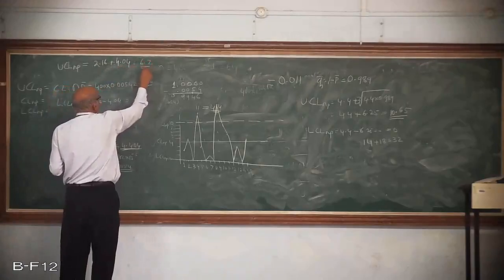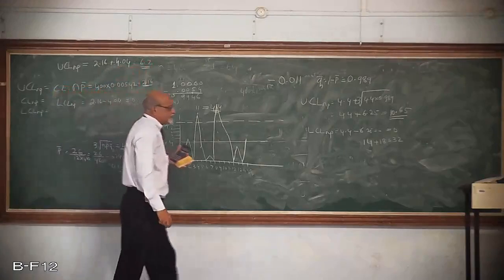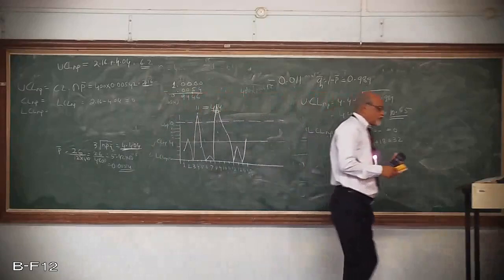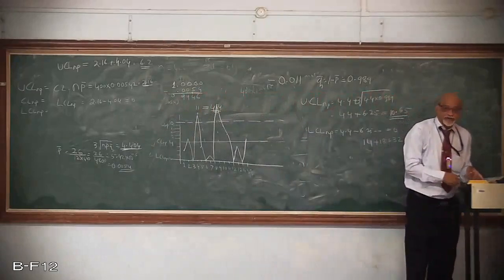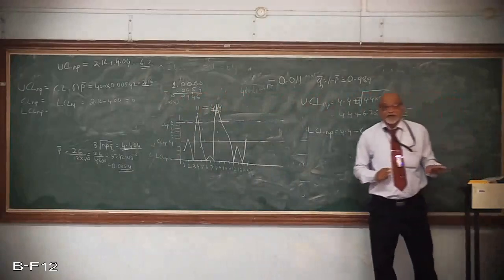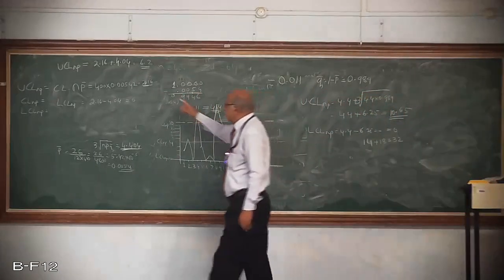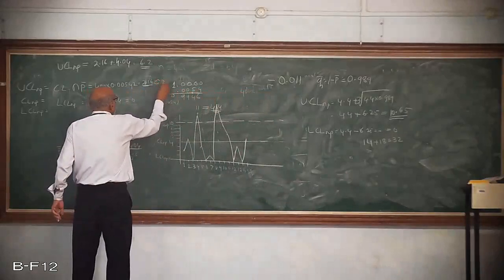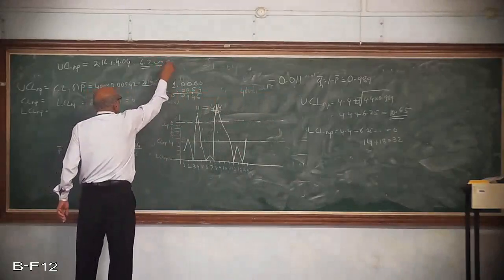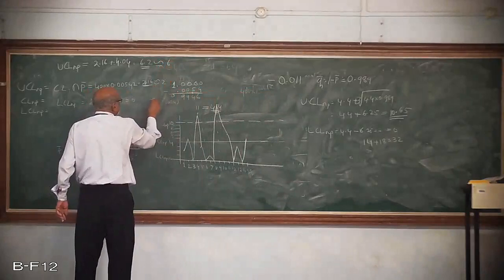6.2. That means we will consider 6. Maximum number of allowable defectives are going to be 6, not more than 6. So the central line is, instead of 2.16, we will consider it to be 2, the upper limit 6, and the lower limit 0.